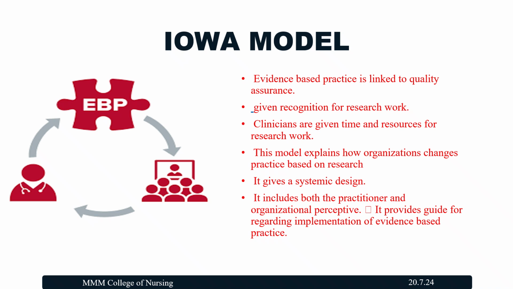It includes both the practitioner and the organizational perspectives for taking decisions. It provides a guide for implementation of evidence-based practice. These are all the benefits of following the IOWA model.